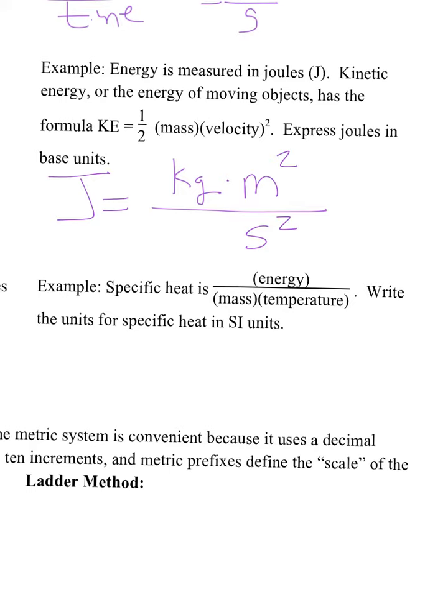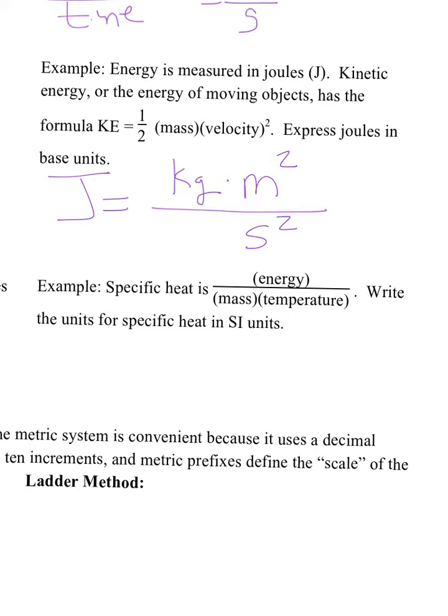And then we have specific heat, which is the energy, joules, divided by the amount of mass per degree Celsius. Specific heat is the amount of heat that's absorbed by a substance. How much heat can it hold within itself? So we're going to have to break down energy.